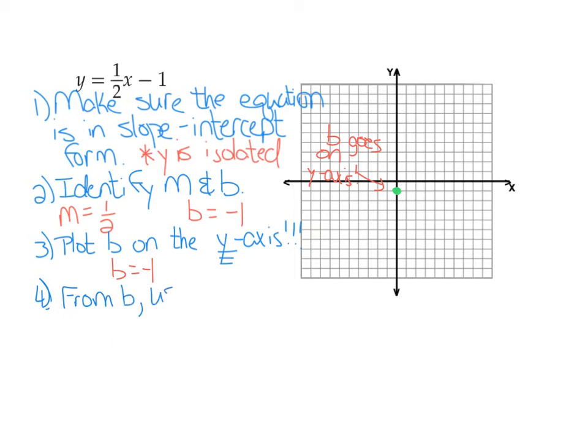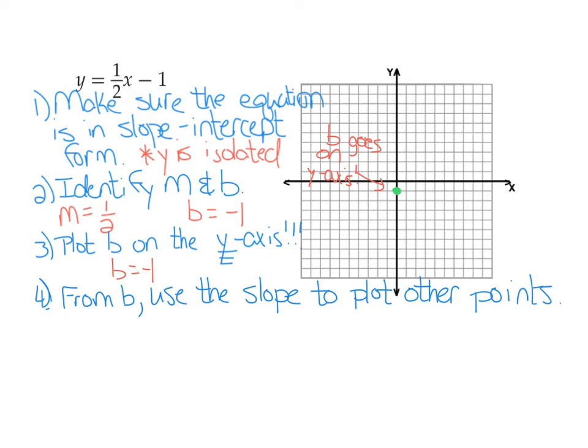From B, use the slope to plot other points. Okay? Couple of important things. We're going to start at B. We don't go back up to the origin.